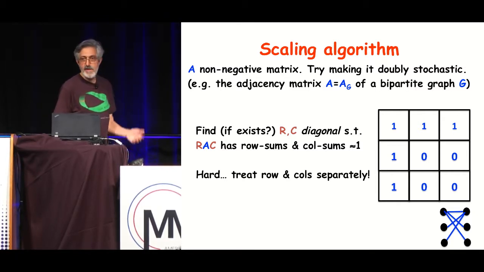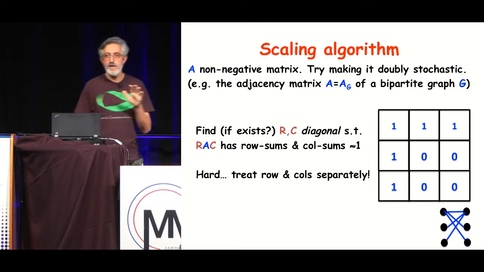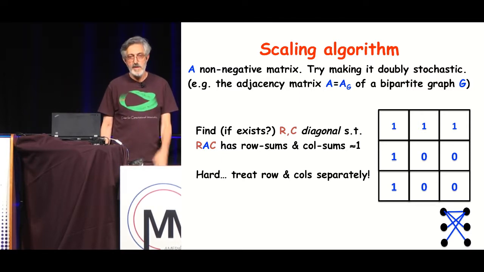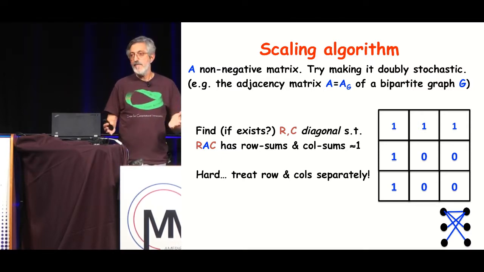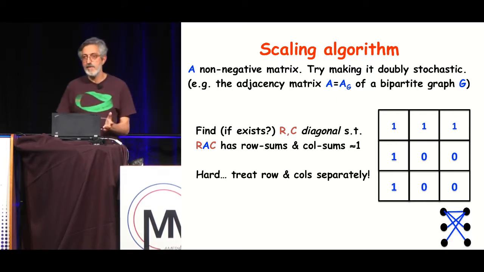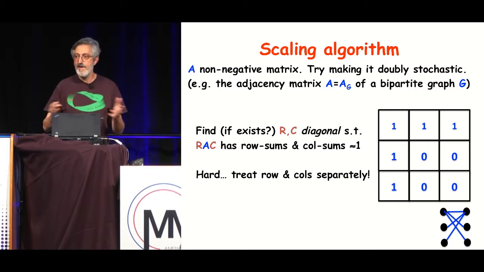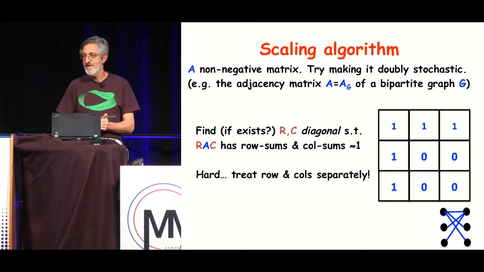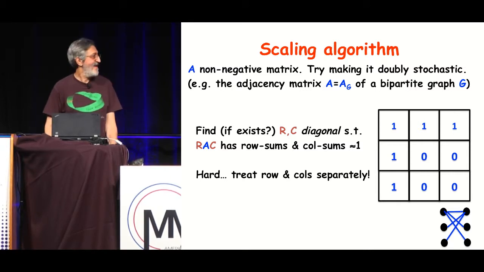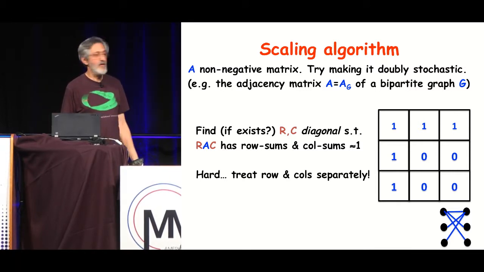But for double stochasticity, making row sums 1, maybe column sums 1, at least you have two sets of independent constraints. Any one of them should be easy. So we can try to solve half the problem. Let's try to make all the row sums 1. Can you do it? Yeah, everybody can do it. We just divide the first row by 3 and leave the others alone.